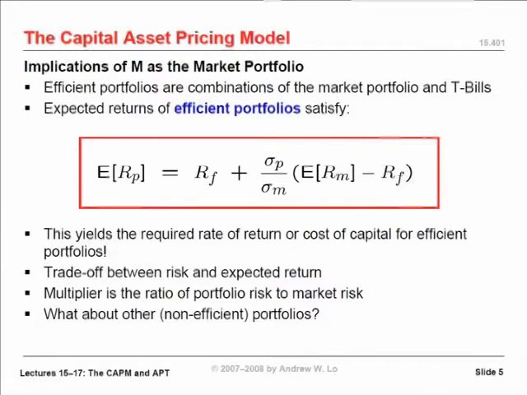The expected return of an efficient portfolio is equal to the risk-free rate plus the ratio of the standard deviation of that portfolio divided by the standard deviation of the tangency portfolio or the market, multiplied by the excess return of the market portfolio.